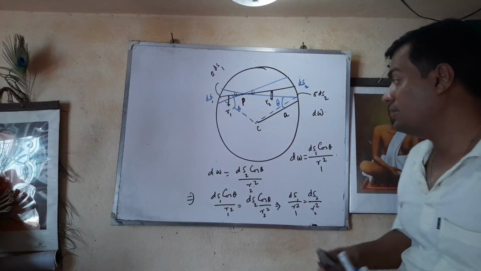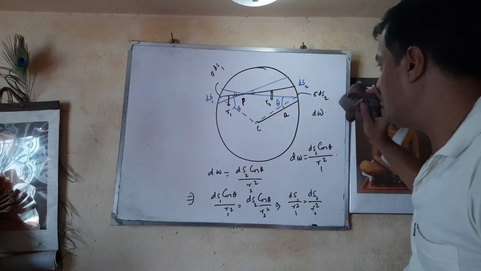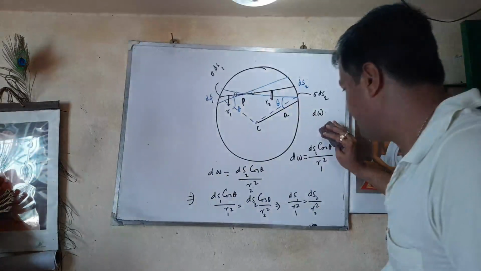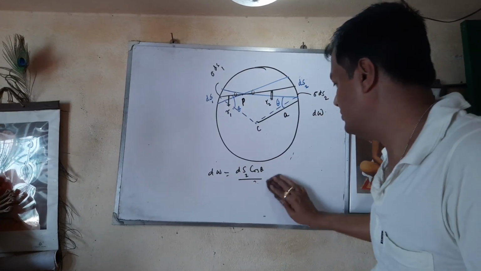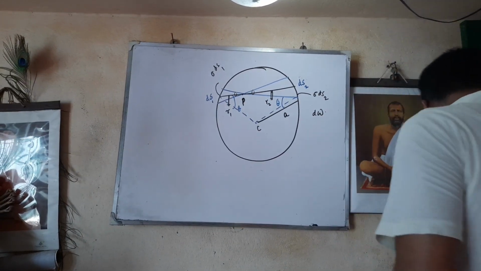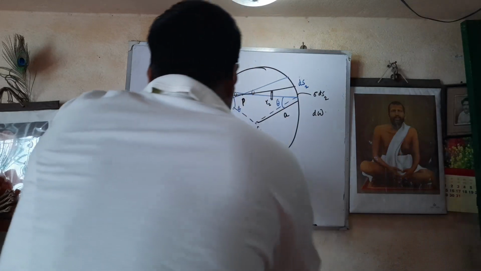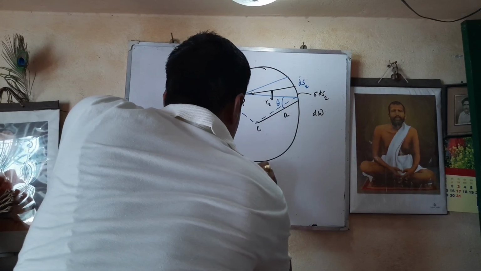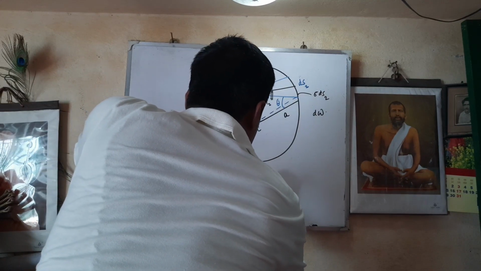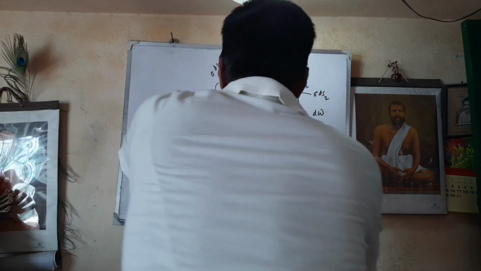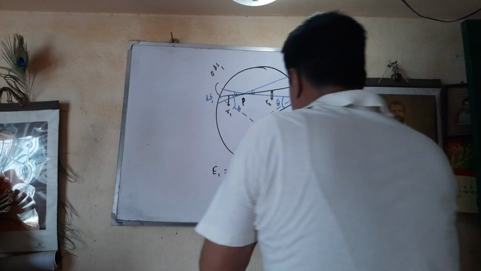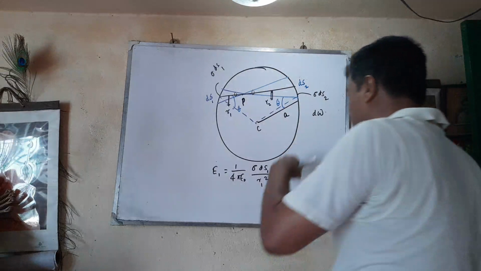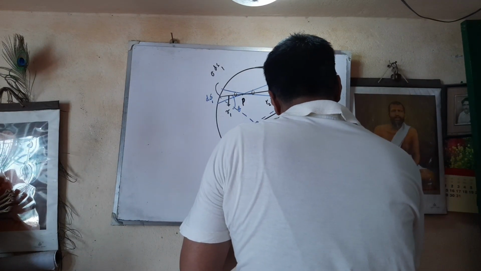So, the electric field intensity at point P due to ds1 can be written as E1 equals 1 by 4 pi epsilon naught sigma ds1 by r1 squared, and E2, the electric field intensity at point P due to ds2, is 1 by 4 pi epsilon naught sigma ds2 by r2 squared.